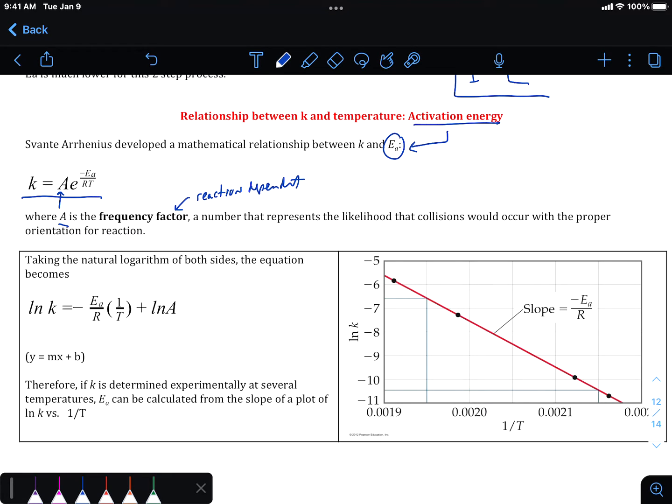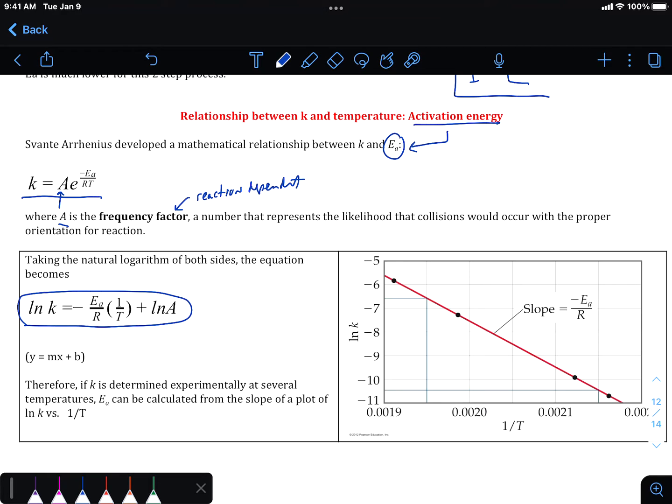And it's kind of cumbersome to use this equation in this form. So rather than try to come up with the variables and try to find the value of A each time for every reaction, which is temperature-sensitive, let's take the natural log. By taking the natural log, we arrive at this equation, which is rearranged into y-intercept form, right?